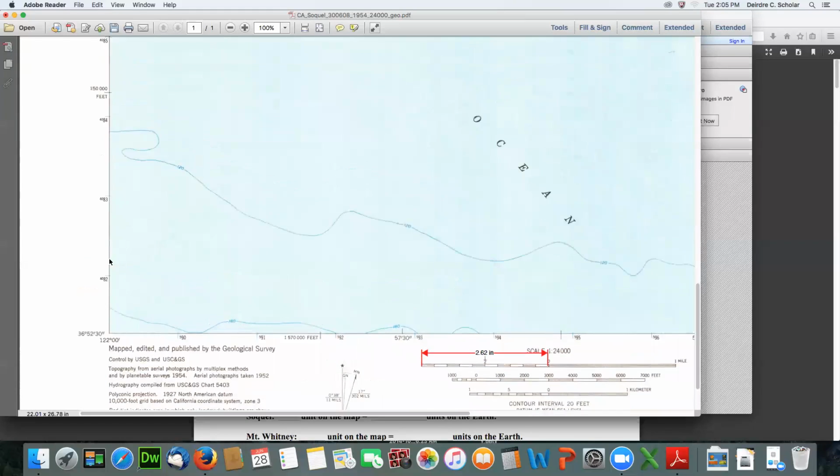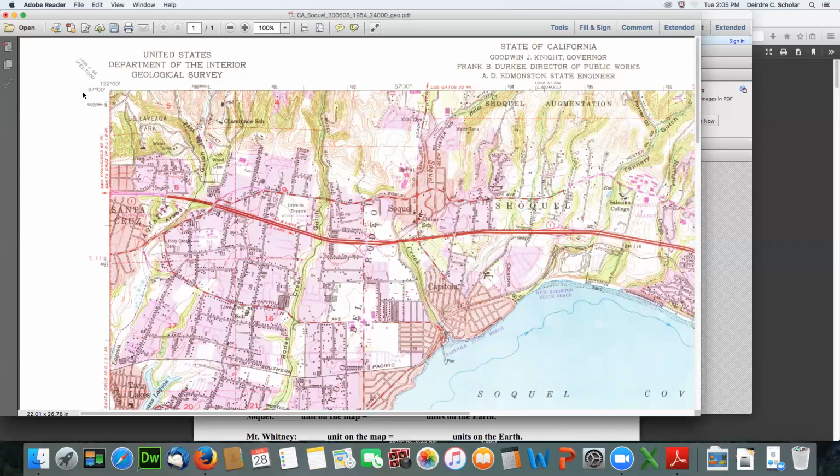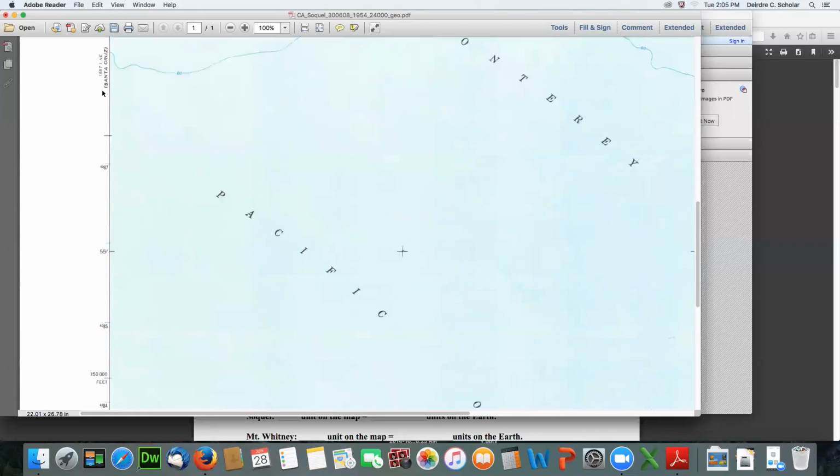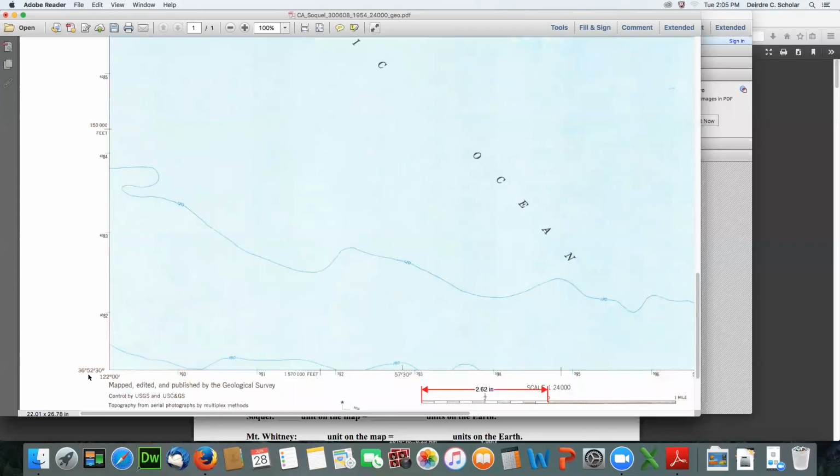At the northwest corner of the map, we have a latitude of 37 degrees, 00 minutes. So 37 degrees is a higher value than 36 degrees, 52 minutes, and 30 seconds.